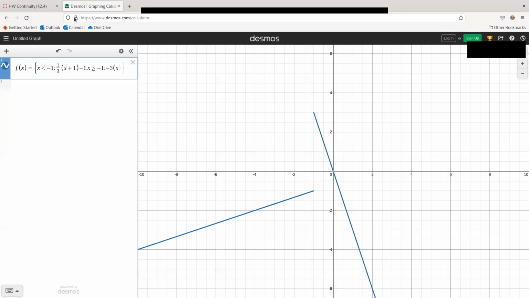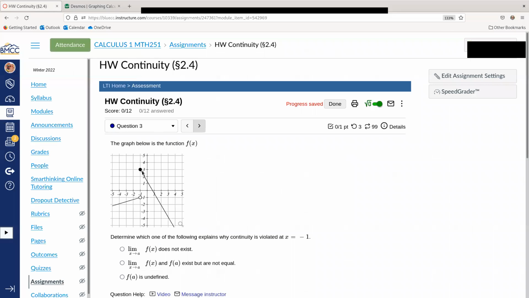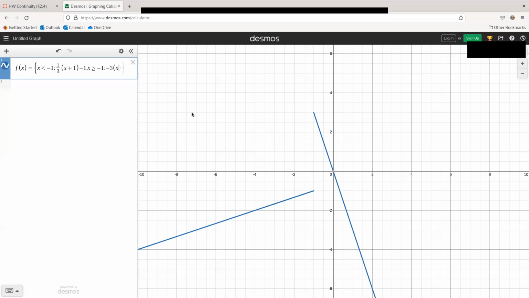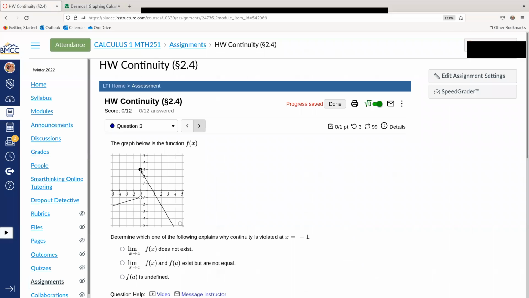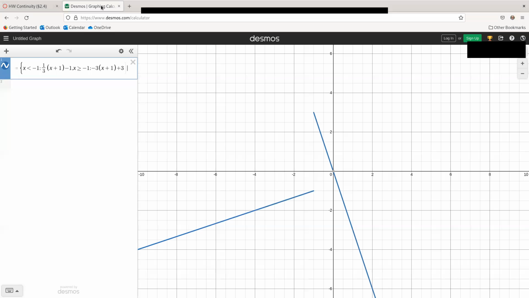The x value was -1 and y was 3. So x plus 1 is going to shift me over, and then I want to shift that up to 3. That's my estimate of what I saw there. Actually, it's more like -2 for a slope. So it's similar, but not exactly the same.